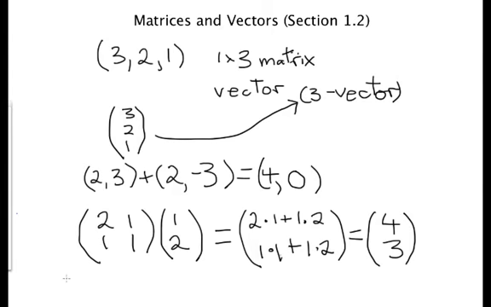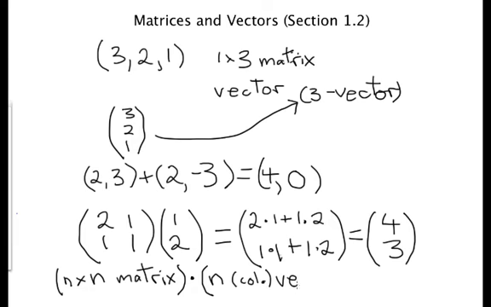Excuse me. So usually we're going to be multiplying an n by n matrix by an n vector, and we'll think of it as being a column vector. And when you do that, you get out a new n vector. Just like in this example.